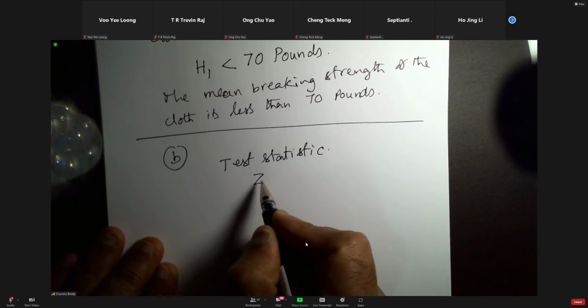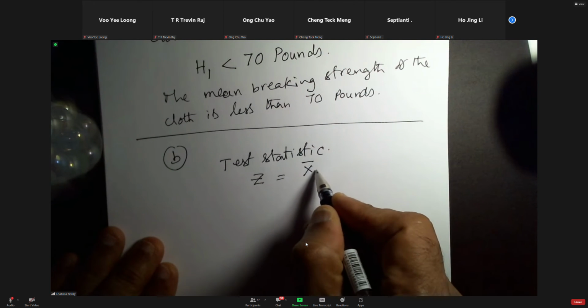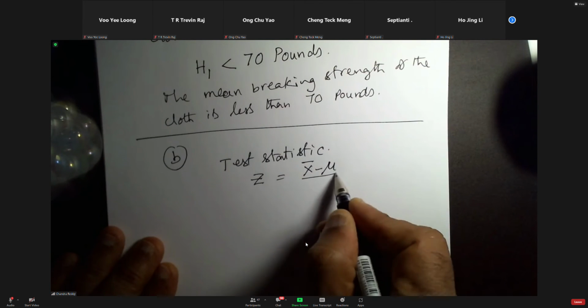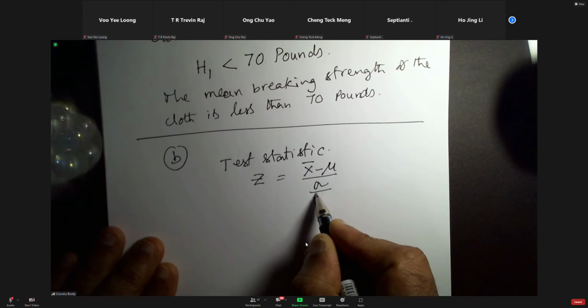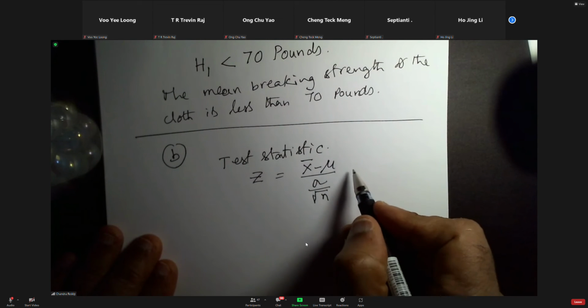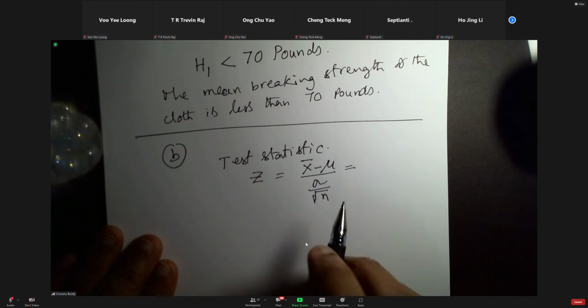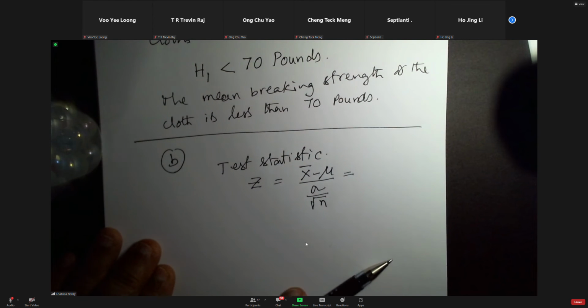Okay, so for part B, we have to find the decision test statistic. The test statistic, the Z value, will be the sample mean minus population mean over the standard deviation over the square root of the sample size. Now, what is the sample mean value?